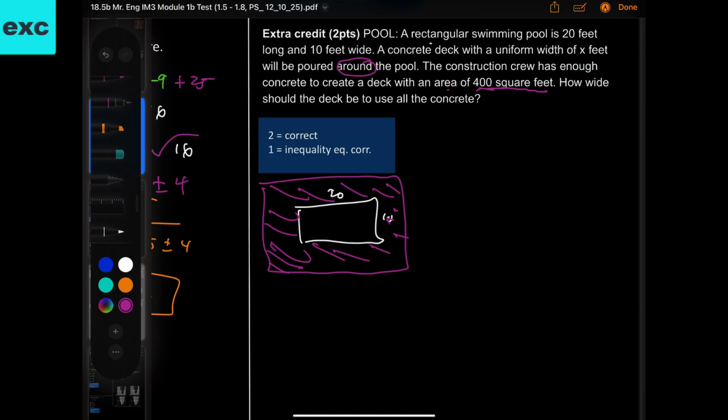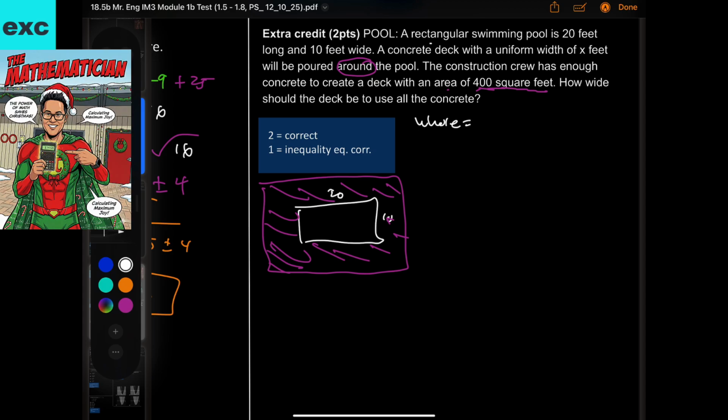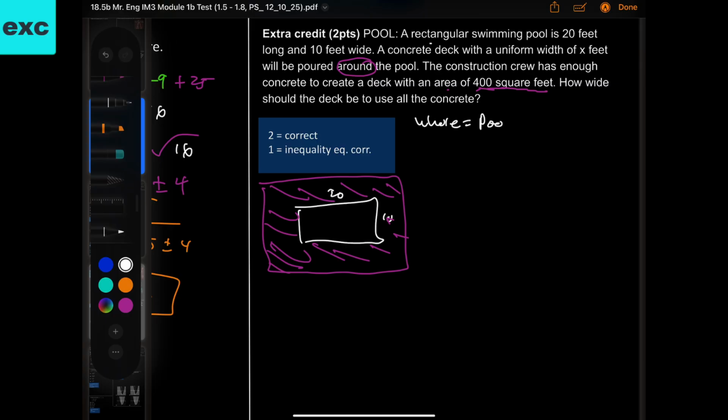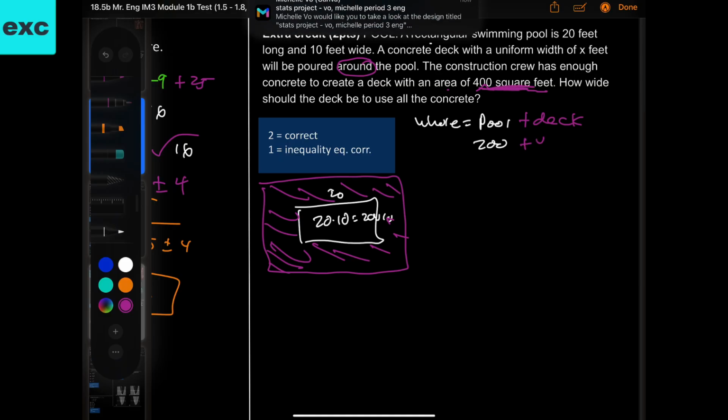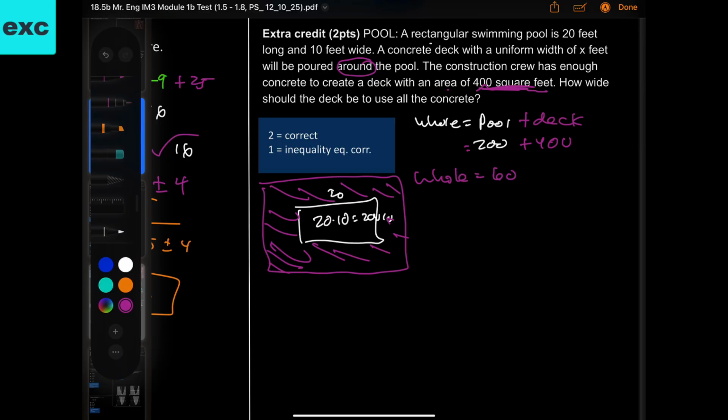Okay, so my equation I got was the whole is equal to the pool, which is in white, plus the deck that's going around it. Okay, and the pool is 200. 20 times 10 is 200. The deck is 400. So that means the whole thing is 600.